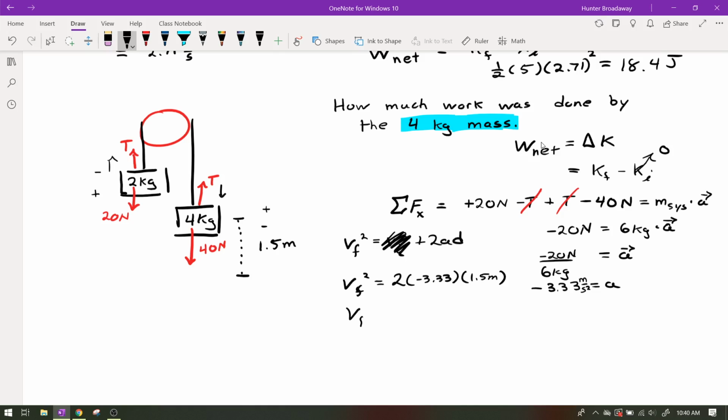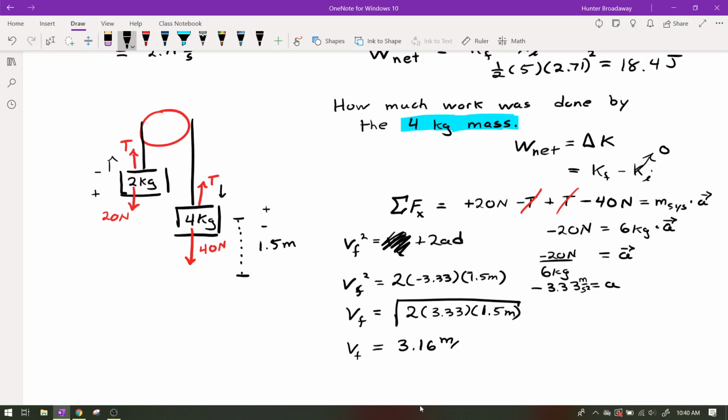Since we're going down, that's going to be negative 1.5 meters, so a negative times a negative is a positive. So it's the square root of 3.33 times 1.5, which is 3.16. So VF is equal to 3.16.